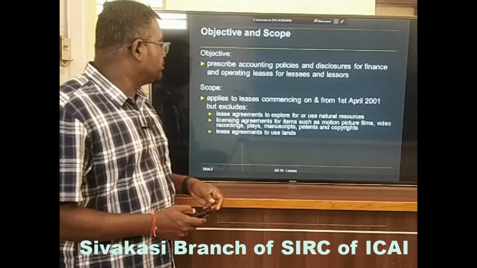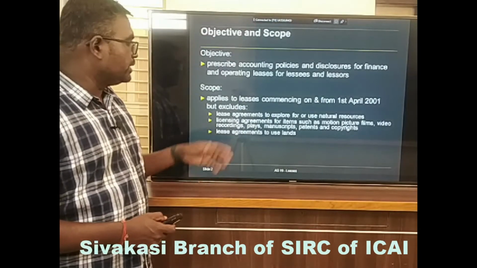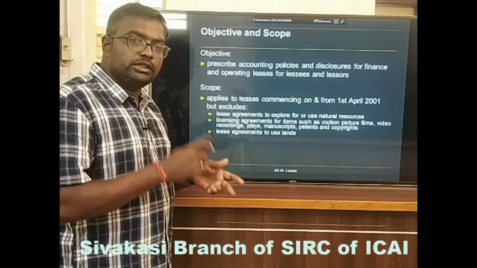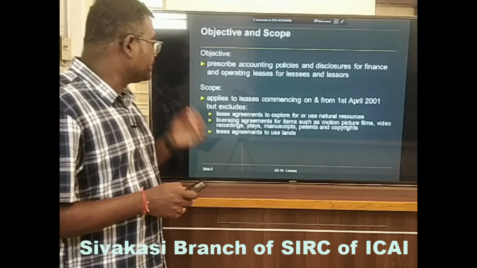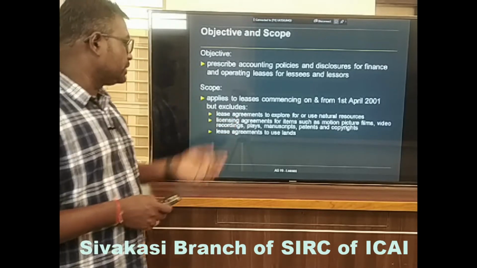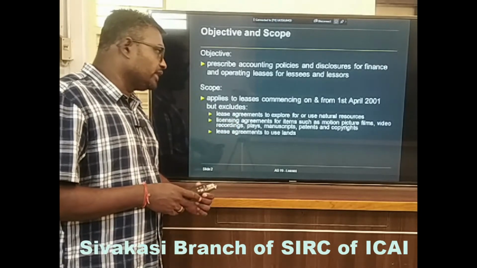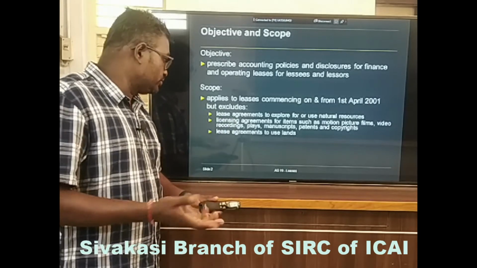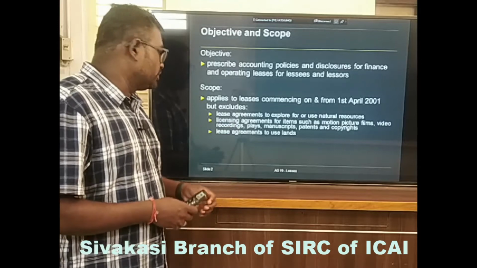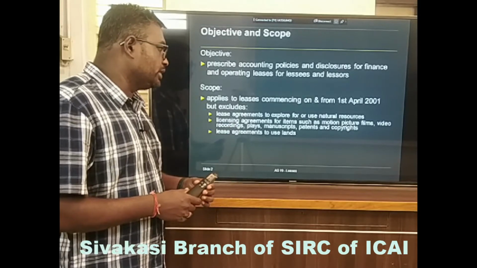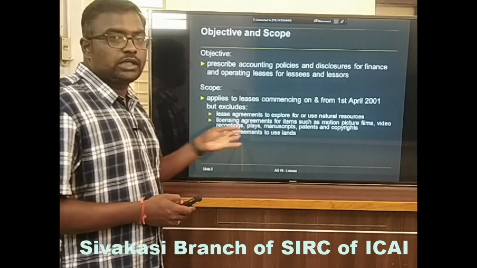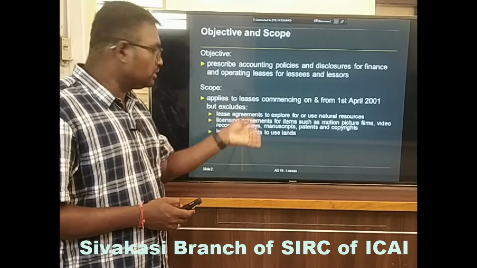As always, every standard has an objective, scope, provisions and disclosure requirements. This standard will not apply to lease agreements to explore for use of natural resources, because that is a different guidance note, or to license agreements for items such as motion picture films, recordings, plays, manuscripts, patents and copyrights, or lease agreements to use lands, because these are all covered under different statutes or different standards.